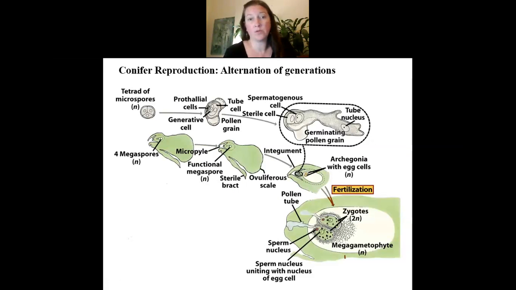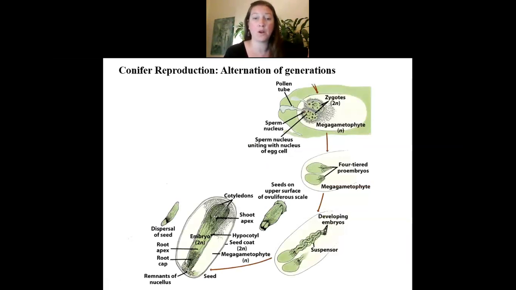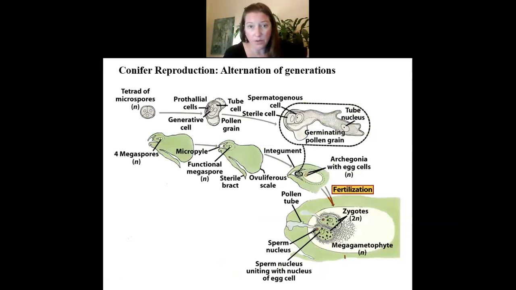This is just walking through the alternation of generations. There's a ton of terms here you don't need to know. Let's just see if there's anything here that I want you guys to know. Not really. It's the stuff that you should already know, basically.